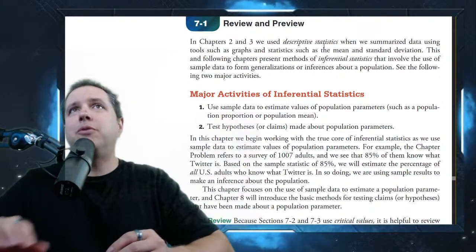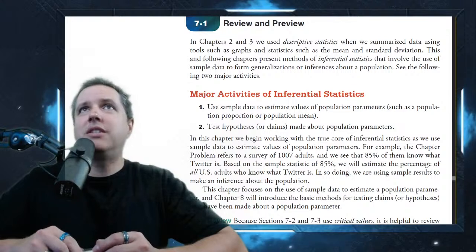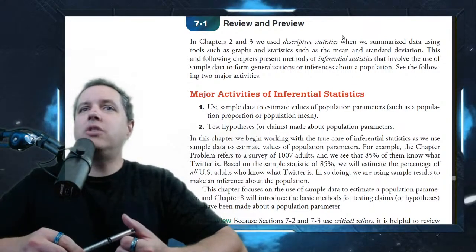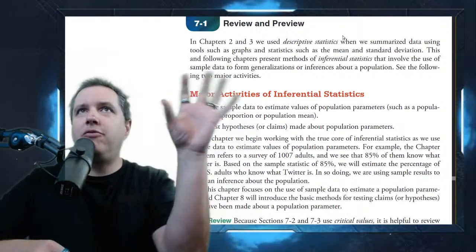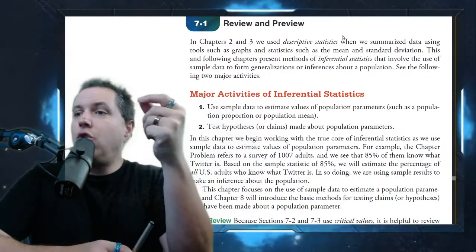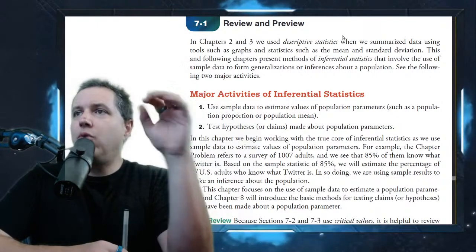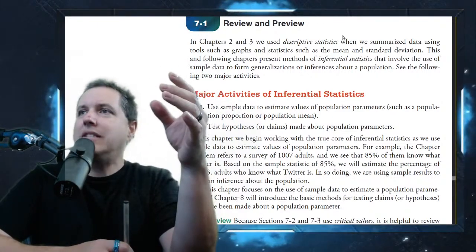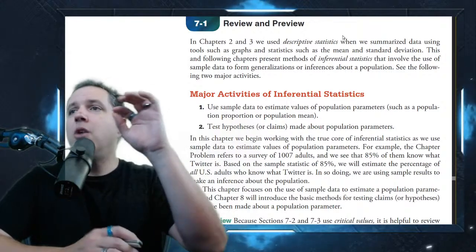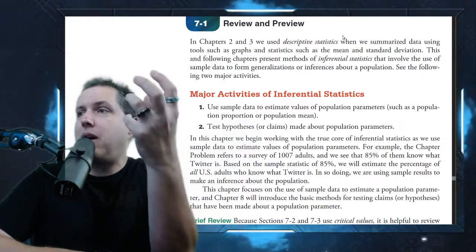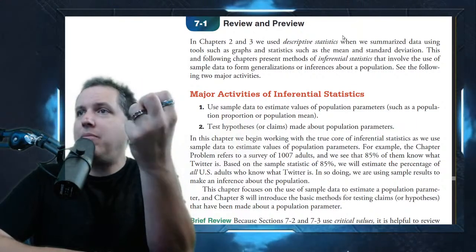So in the earlier chapters, we looked at descriptive statistics, and that's kind of summarizing data using tools. So you make a visual. You're not really doing anything new when you make a histogram, when you make a pie chart, when you make a box plot. You're doing some organization, you're making some decisions, but you're not really creating any new information. You're just coming up with a better way of describing that information.